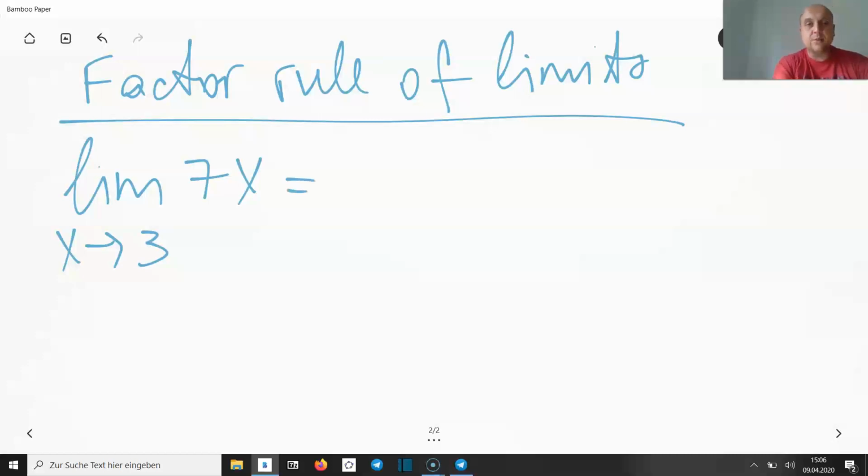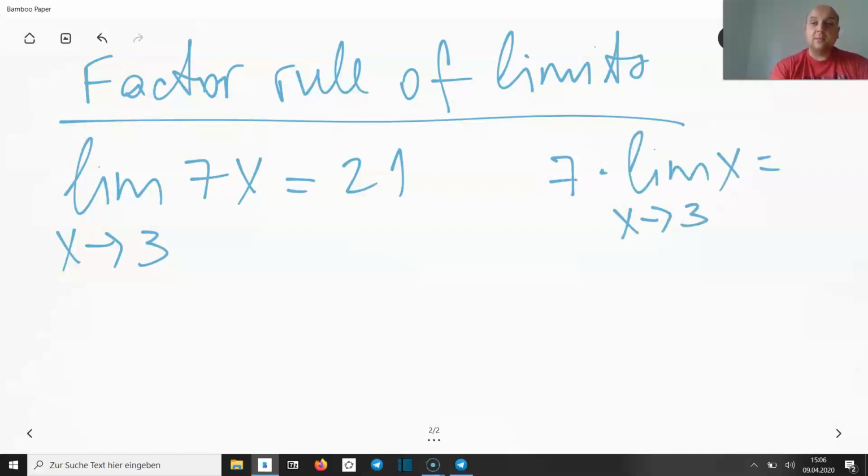We define it this way. It's a kind of expanding of substitution. So we put 3, it's going to be 21 on the one hand. And on the other hand, if you have 7 in front of the limit, x towards 3 of just only x, that's going to be the same outcome. This is still 21. So that's the story.